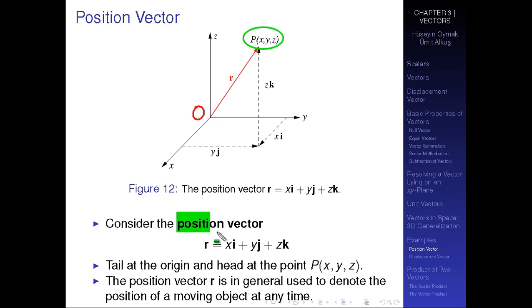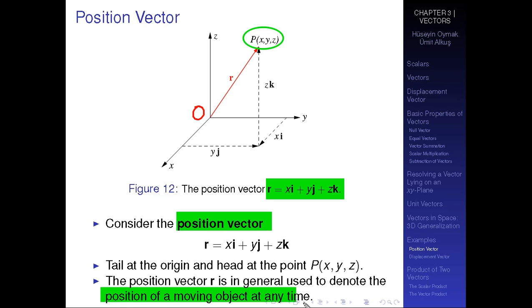The position vector is commonly represented by R, as R equals x i plus y j plus z k. The position vector R is in general used to denote the position of a moving object at any time, as we will see in the next chapter.